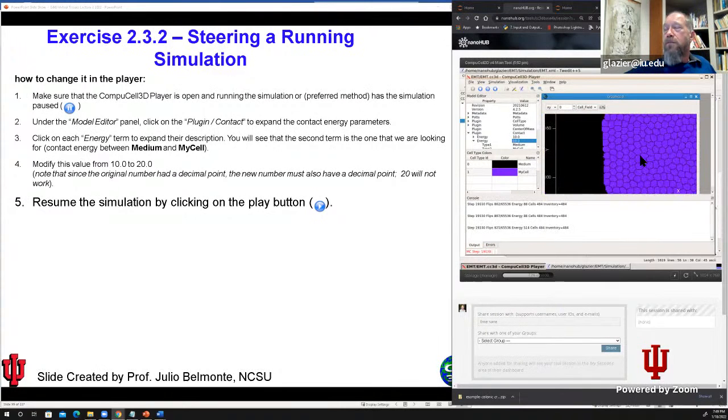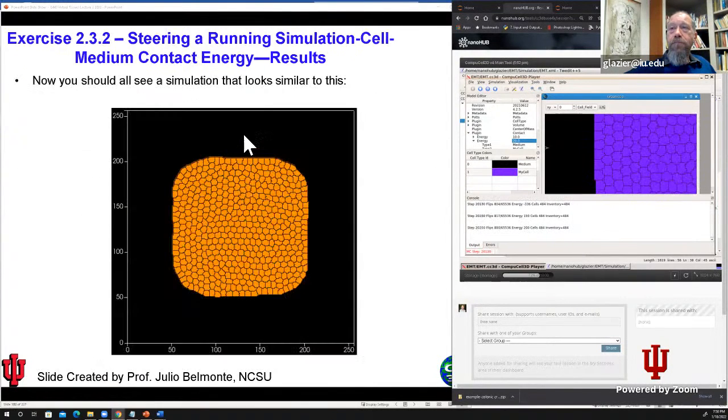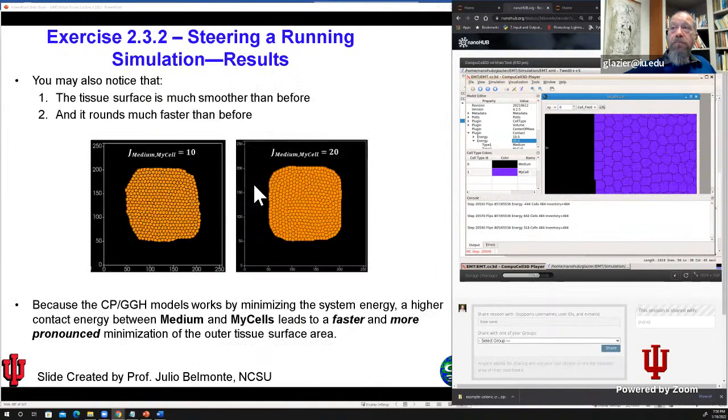Maybe I should zoom in a little bit. Here's what I get for 10. Here's what I get for 20. You see the fluctuations reduce? And so this is showing that smoother simulation. And if I compare it, it's a pretty dramatic difference.